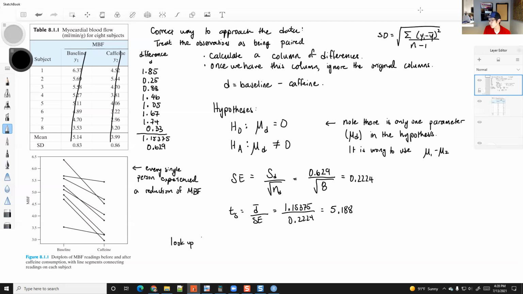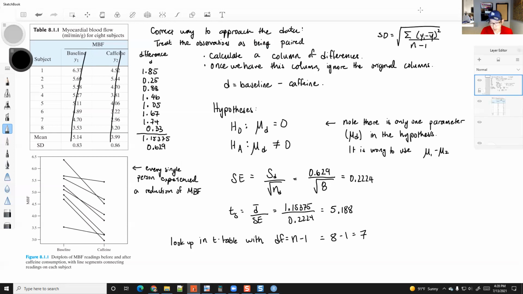What do you think our degrees of freedom will be? Yeah, because we're only treating it as having one column of values, it's going to be n minus 1. So we're going to have seven degrees of freedom.